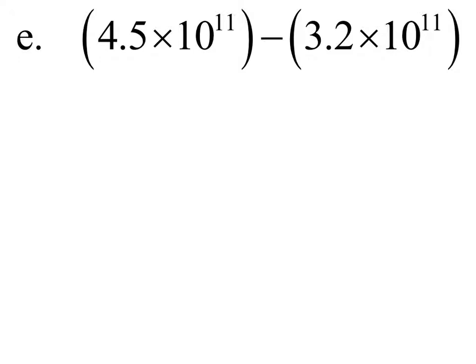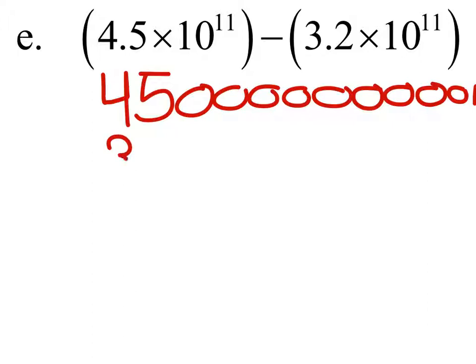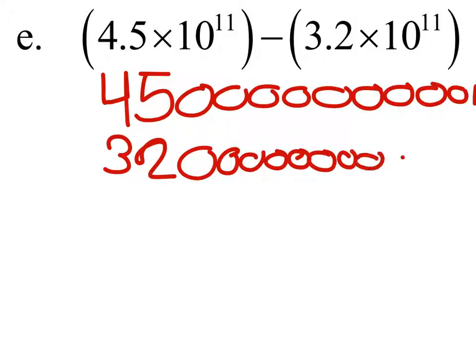Okay, so what you would do is you would make them in standard form to be 4. That's a lot of zeros. And there's one more right there. And then you would go, yeah, I think that's 11.